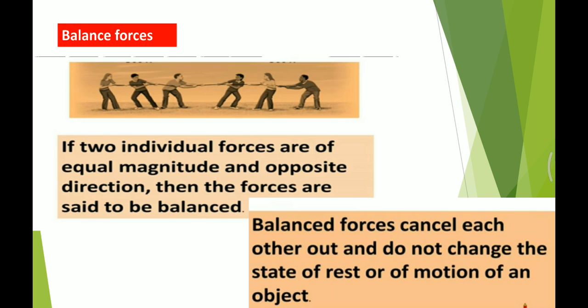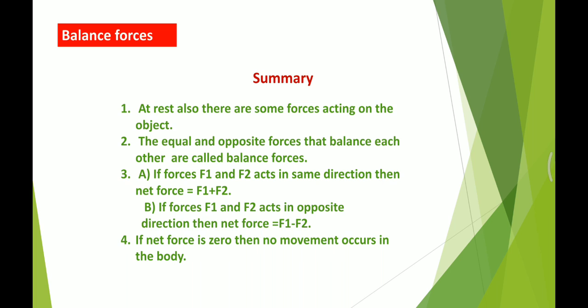Let's summarize what we have studied. Number 1, at rest, there are also some forces acting on the object. Number 2, the equal and opposite forces that balance each other are called balanced forces. Number 3, if forces F1 and F2 act in the same direction, then net force is equal to F1 plus F2.